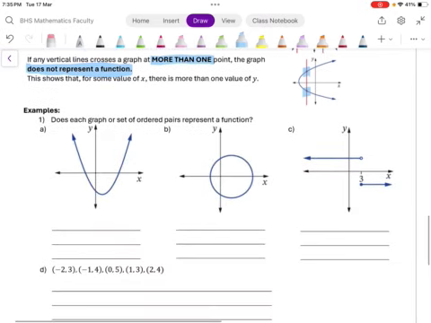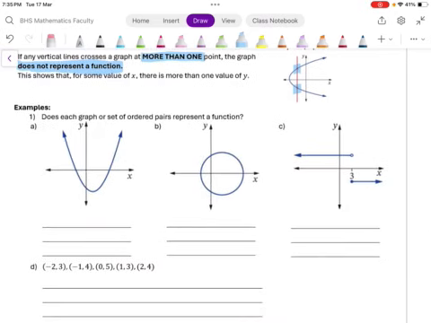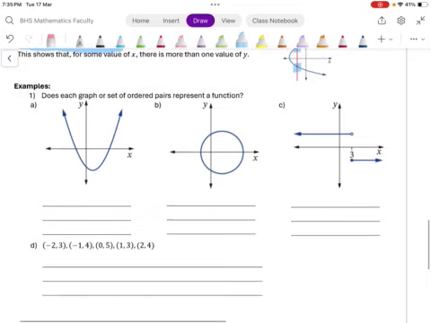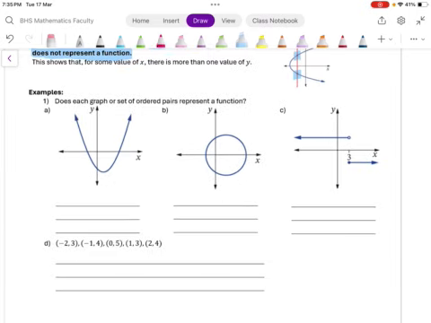So what we're going to do is decide whether these graphs or sets of ordered pairs represent a function. Using a ruler, we are just going to draw a vertical line anywhere on our graph. I picked there, and it only crosses once.